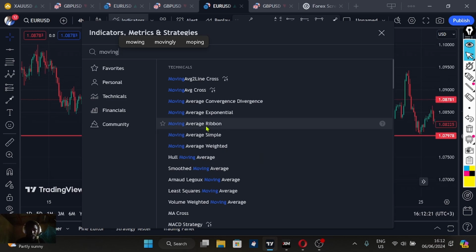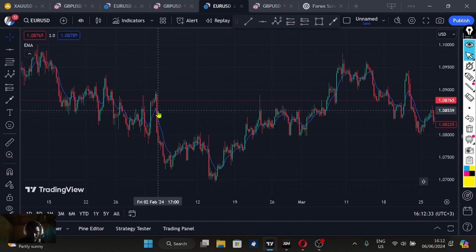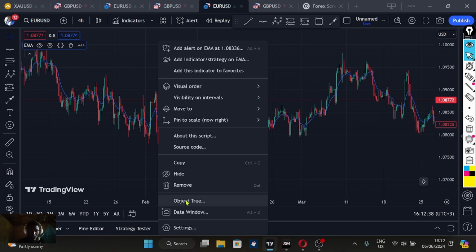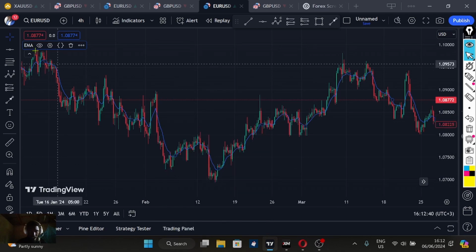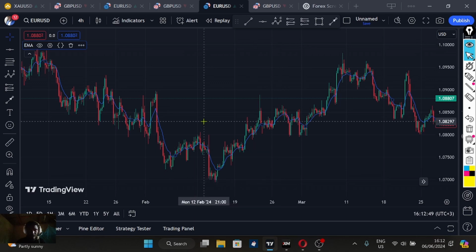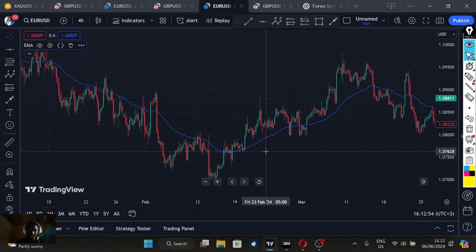We shall be using the exponential moving average, and we will be using 50 EMA. This one will act as support and resistance level.